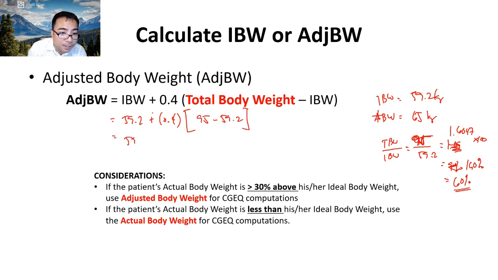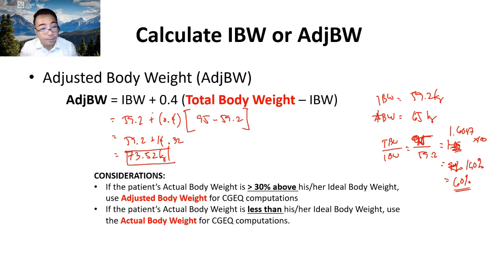Alright, so that's 59.2 plus, 95 minus 59.2 gives you 35.8 times 0.4, that's 14.32, plus 59.2. Ang kalalabasan is 73.52 kilograms yung adjusted body weight ko. And yan yung weight na gagamitin ko for CG. Okay, hope that makes sense.